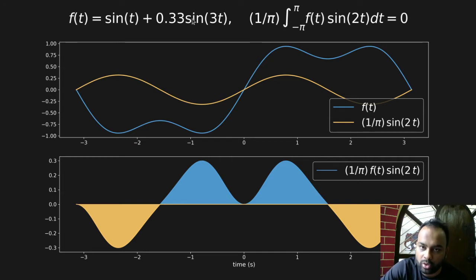So what do I do? I multiply the signal with a 2 radian per second sinusoid, integrate it from minus pi to pi and divide everything by pi. The result will give me the amplitude of the 2 radian per second sinusoidal component. Of course, that result is going to be 0. As you can see, the positive areas here are cancelling out the negative areas.